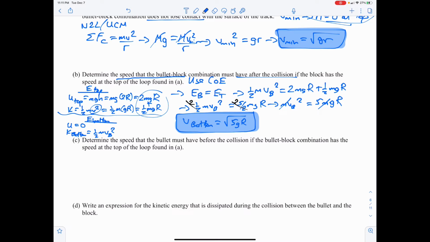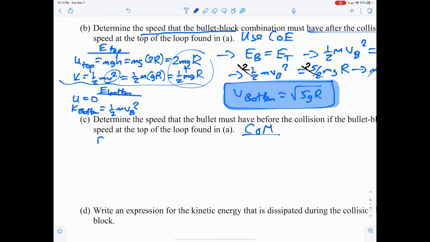Okay, determine the speed that the bullet must have before the collision if the bullet block combination has the speed at the top found in part A. We are now going to use conservation of momentum for what's called an inelastic collision. So momentum initial equals momentum final.